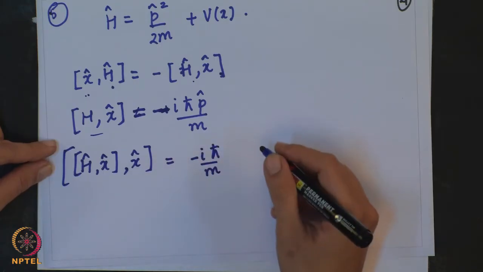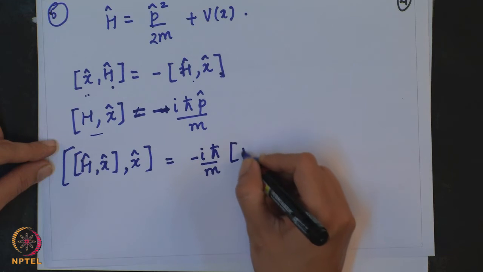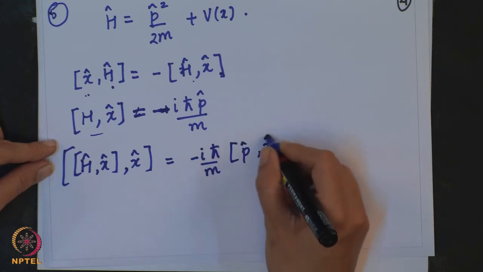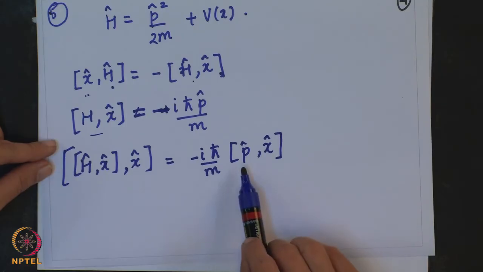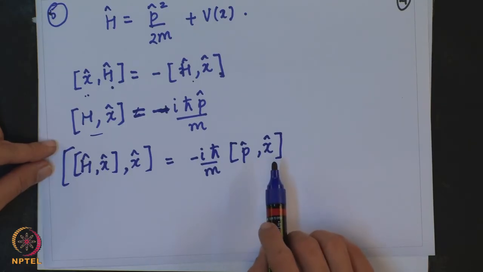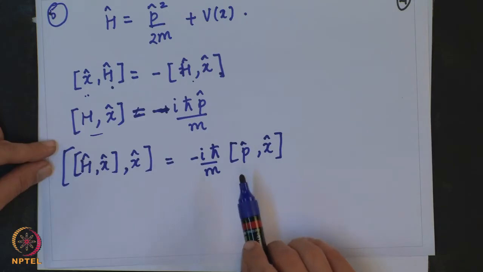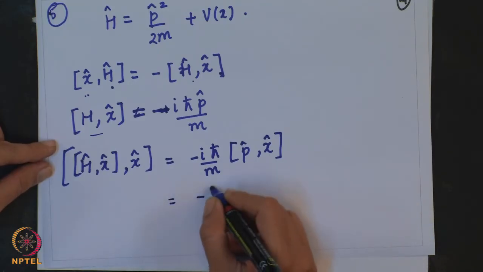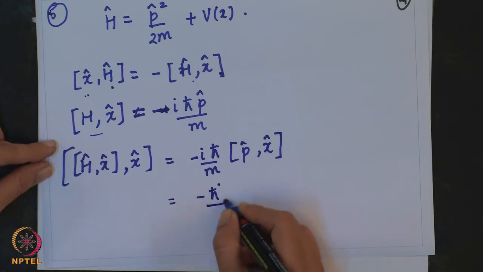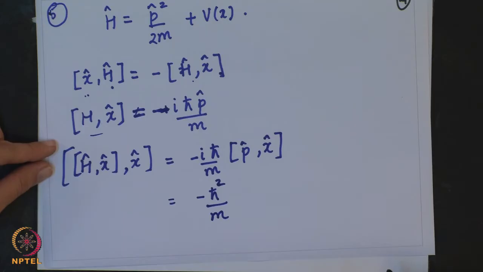So, this would be nothing but iħ/m. I can take the constant out, and p̂ with x. Again we have the commutator of x and p as iħ. However, the commutator of p and x would be minus iħ. So, this would give you minus ħ²/m, correct.